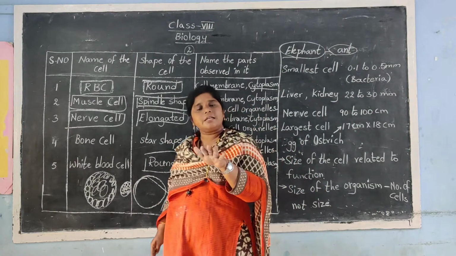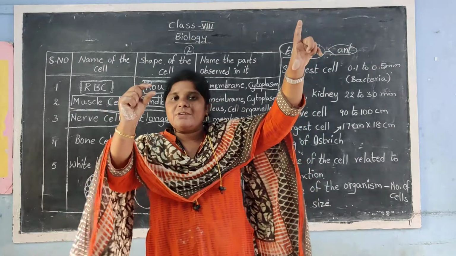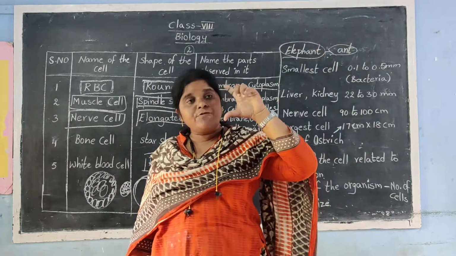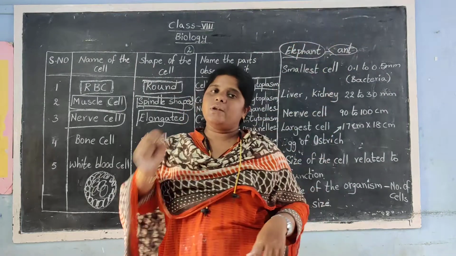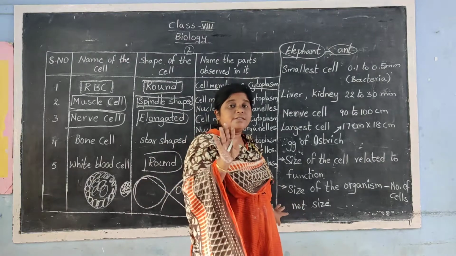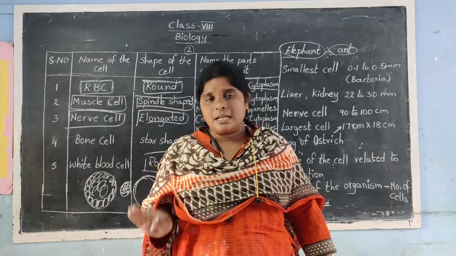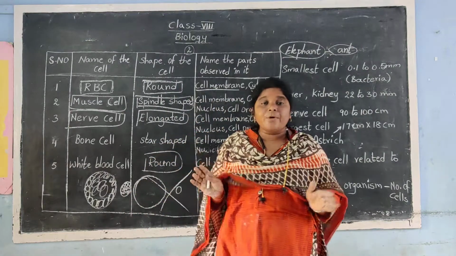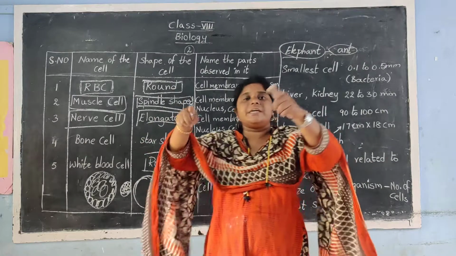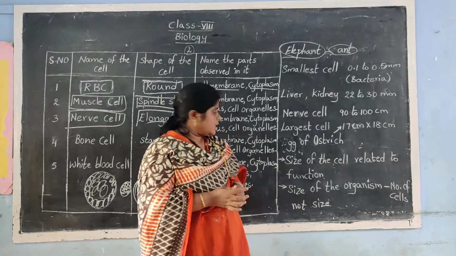By this we can clearly understand that an elephant will have more number of cells, whereas an ant will have less number of cells. You should not think that an elephant will have a big cell and an ant will have a small cell. The size of the organism depends upon the number of cells. As the size has to be increased, the number of cells will be increased, but not the size of the cell.